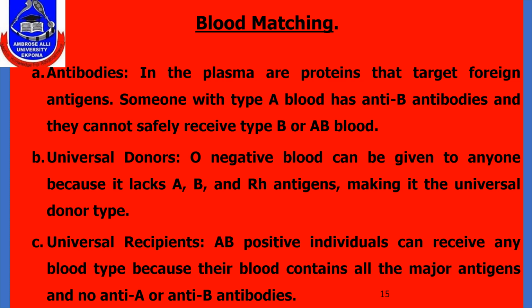For the universal donor, O negative blood can be given to anyone because it lacks A, B, or Rhesus factor antigen, making it the universal donor type.